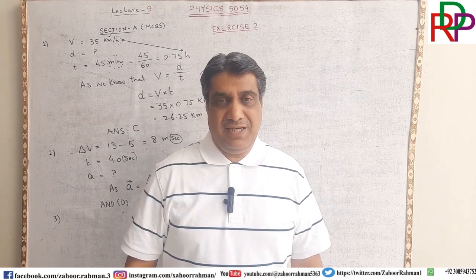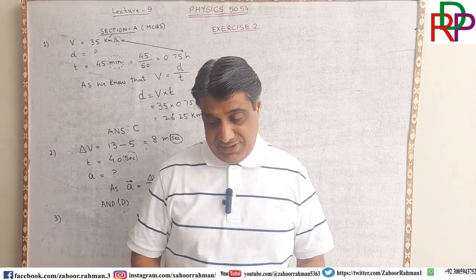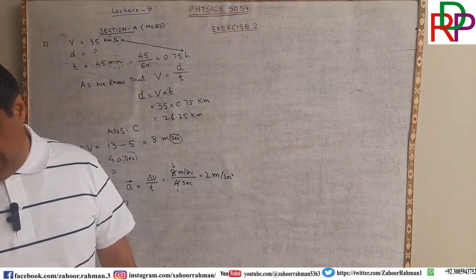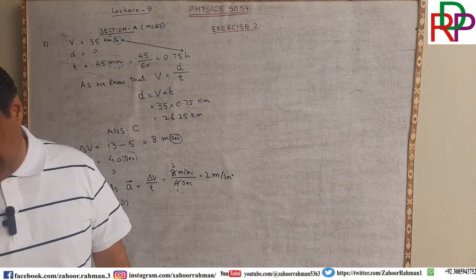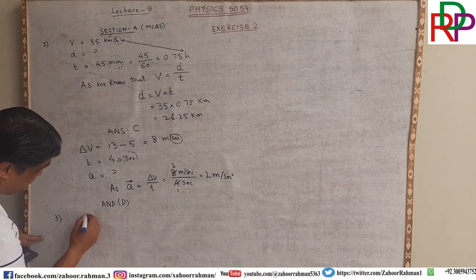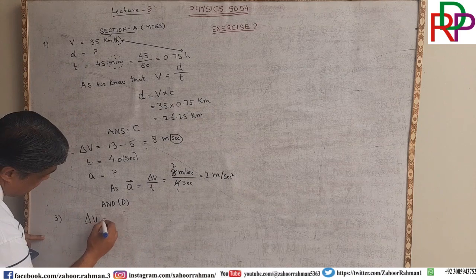Let us write the data first. They have given us in the question that there is a change in the velocity, delta v.